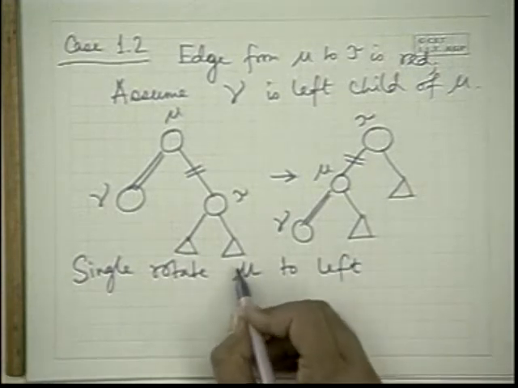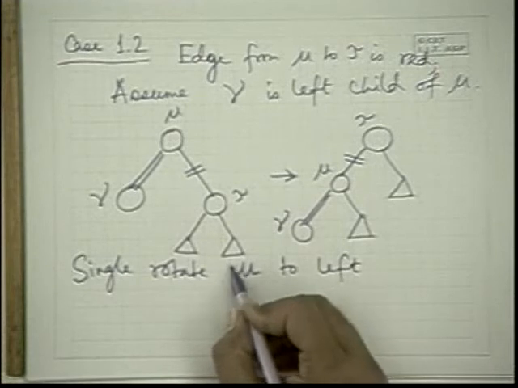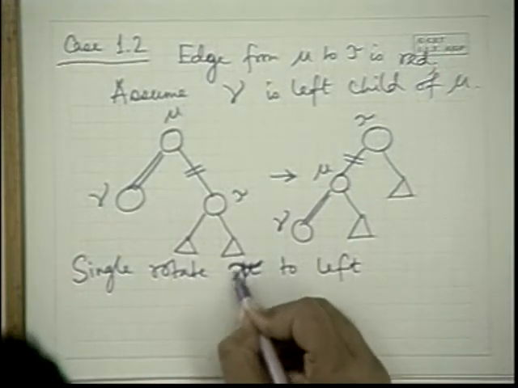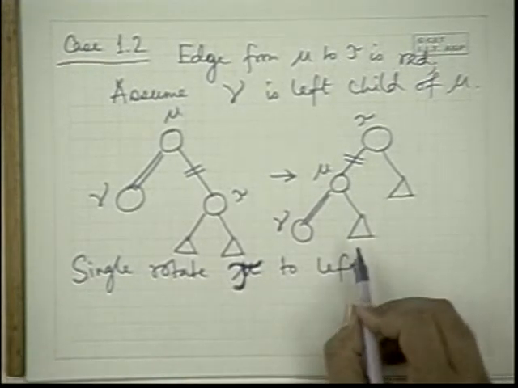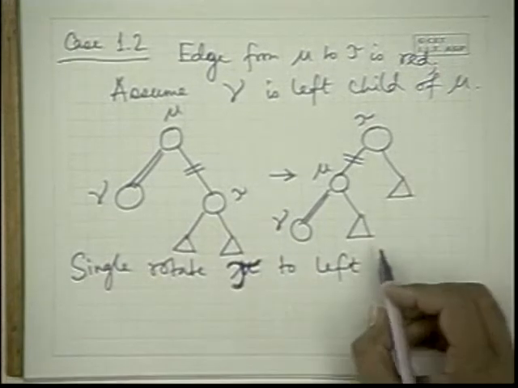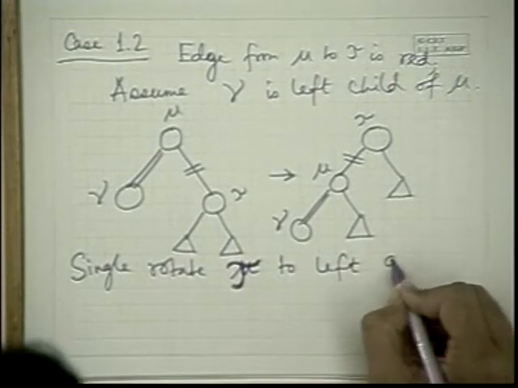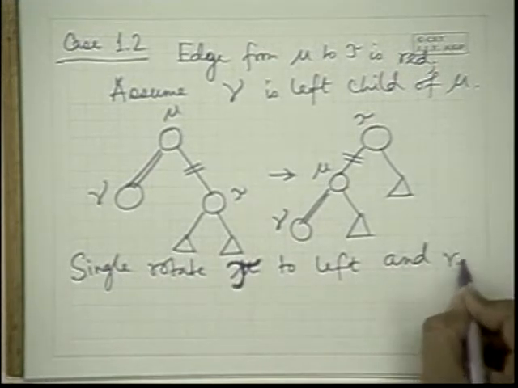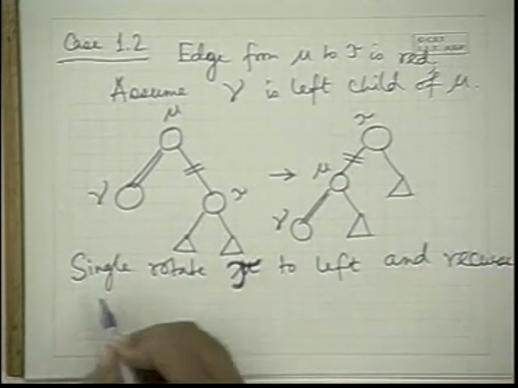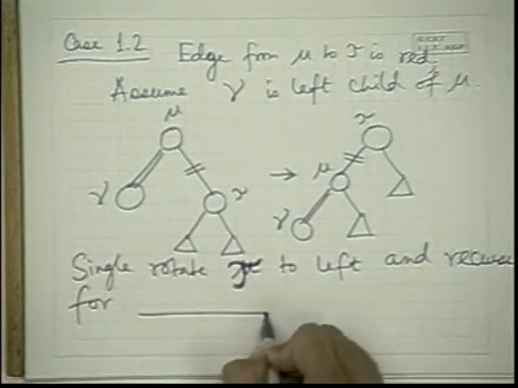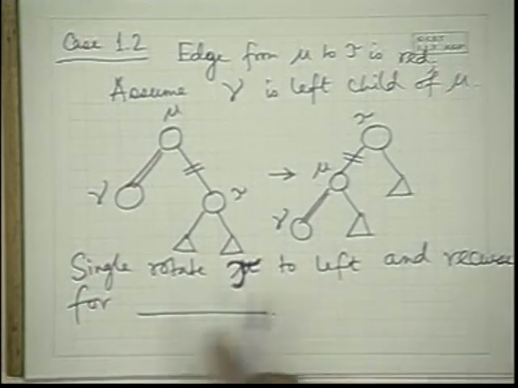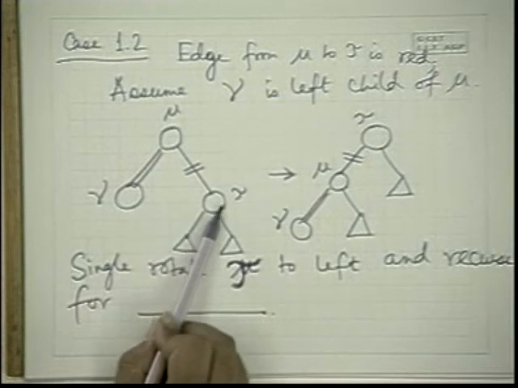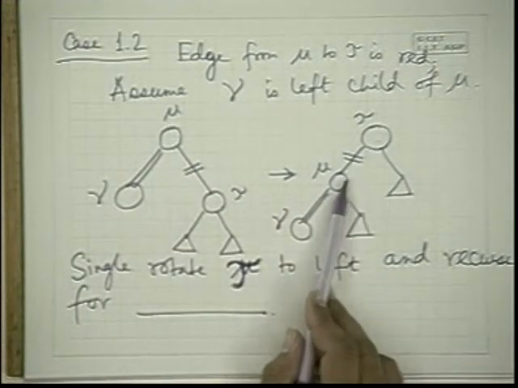Sorry, by our convention this should be tau, right? Actually there are two ways to write it, that's why I get confused sometimes. Single rotate tau to left, and recurse. I'll not fill in the gaps. See, what did we do? If this is the case, we single rotate tau to left, so tau comes here.